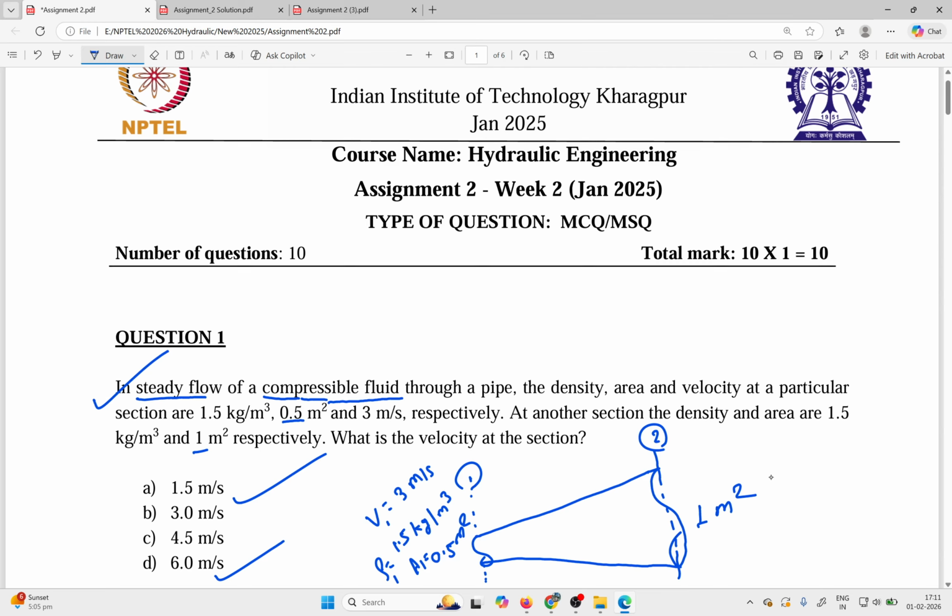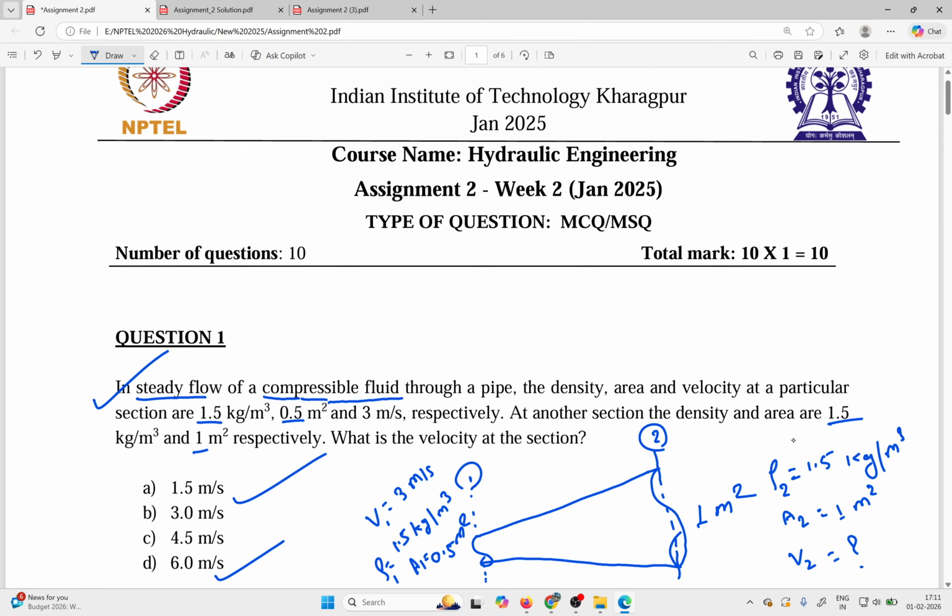Here your density is given 1.5 kg per meter cube and area is given 1 meter square. You have to calculate V2. Here your density is similar.